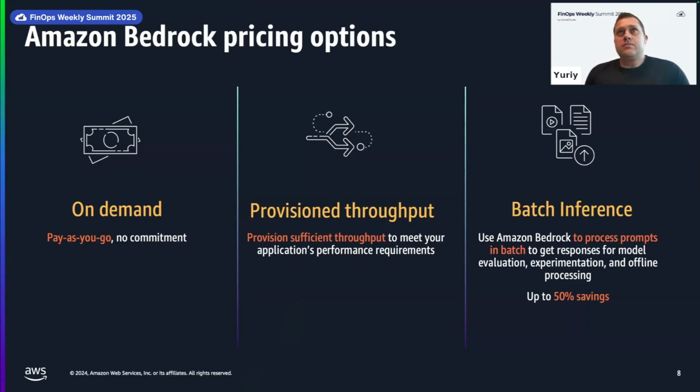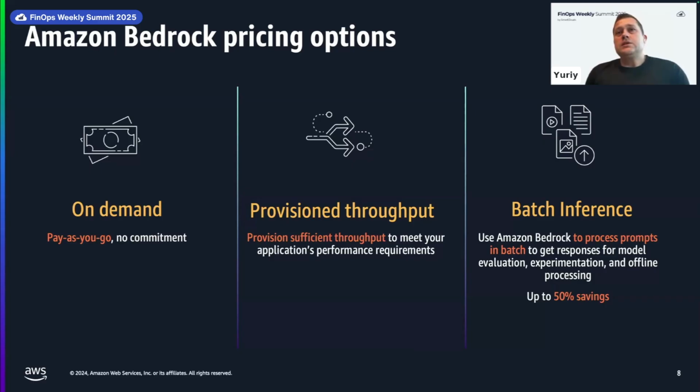The on-demand pricing option is when you run workloads on shared infrastructure under the hood, and you don't need to commit to any terms. On the other side, you have service quotas, with limits on requests per second and tokens per second, and that's something you need to consider.